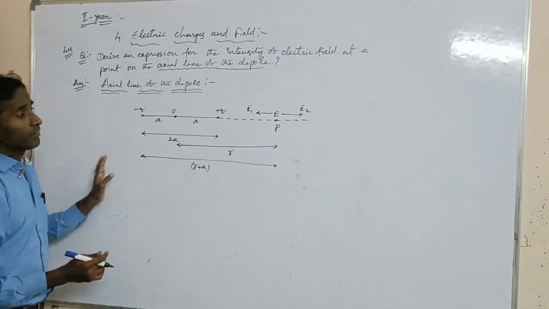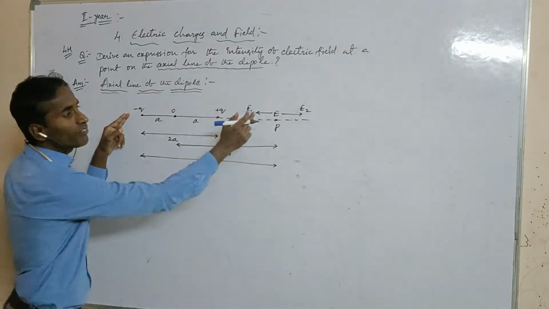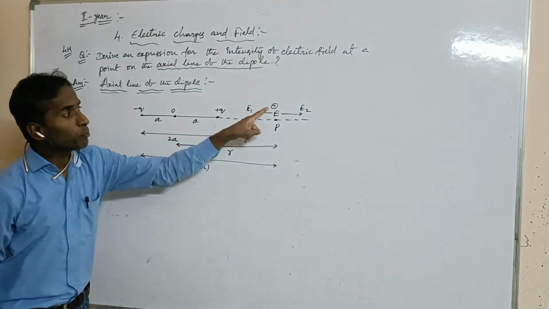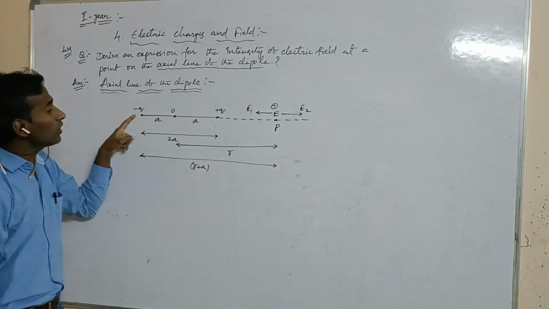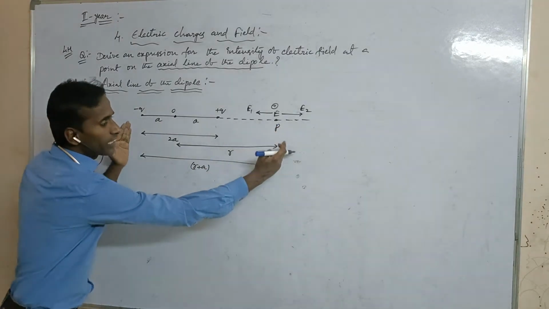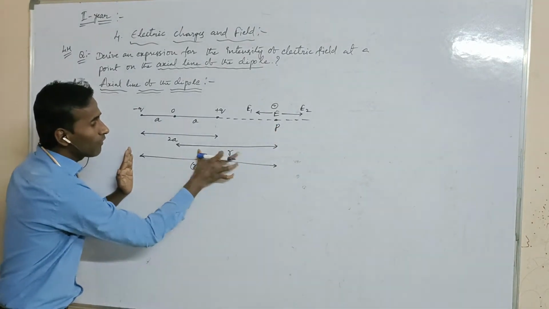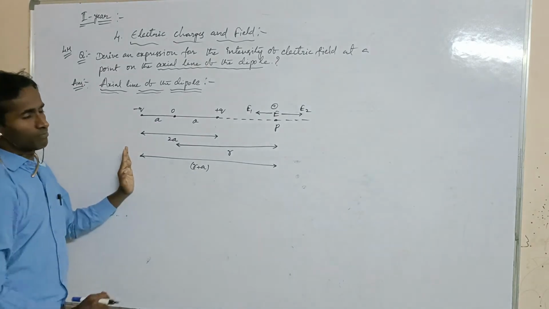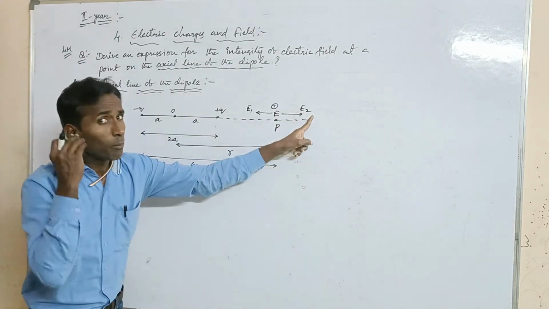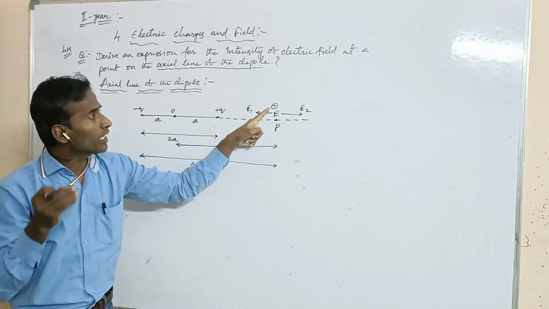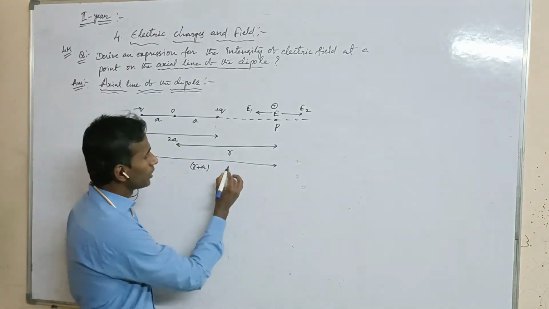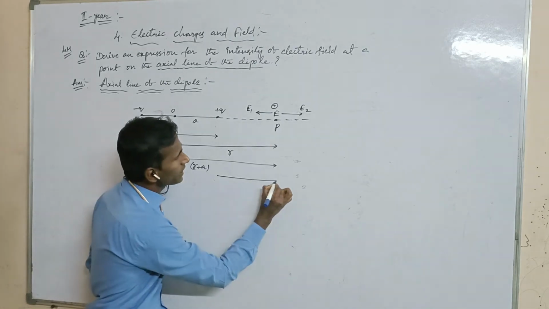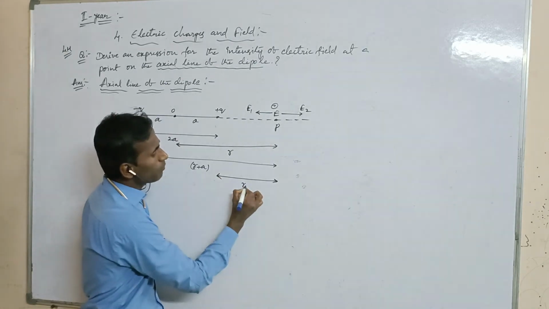This positive charge is attracted to the negative charge, and the total distance is r plus a. Now again, this positive charge is repelled by the positive charge, so this distance is r minus a.